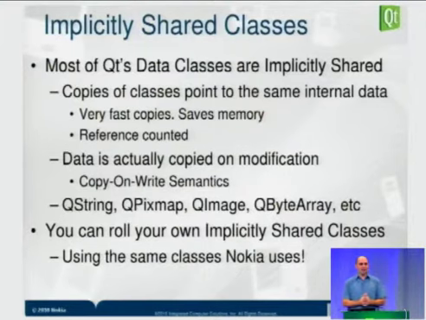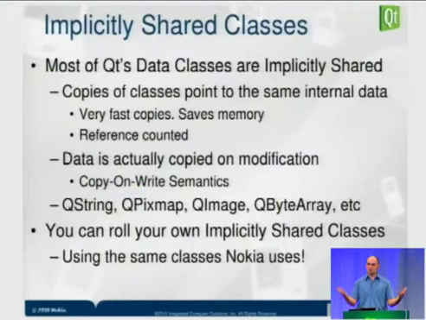What implicitly shared classes are is you have QString, for example. It could have a very long string inside of it. However, copying QString is very fast, you may have noticed. Because what happens internally is that there is a pointer to data and a reference count. When you copy a QString, you're simply making a copy of the pointer value and incrementing a reference count.